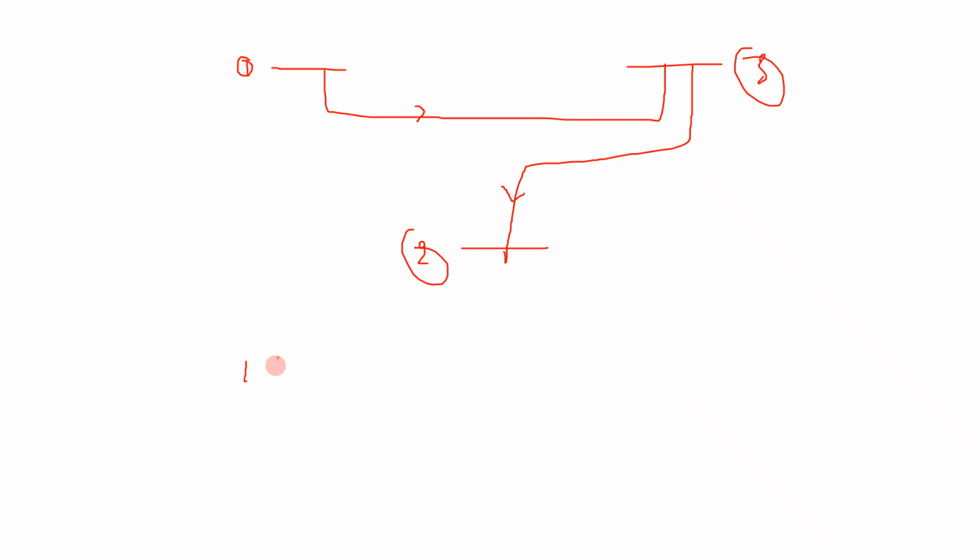So that means 2 transmission lines are there. Similarly, if there are 100 buses and they are randomly connected, there may be more than 100 transmission lines. There can be 140 transmission lines.